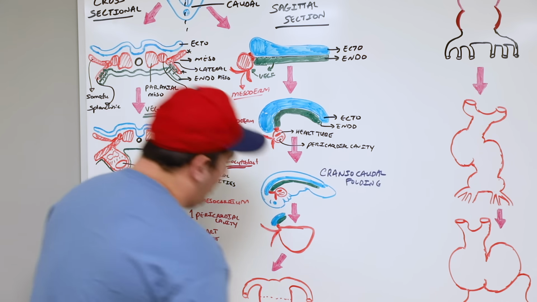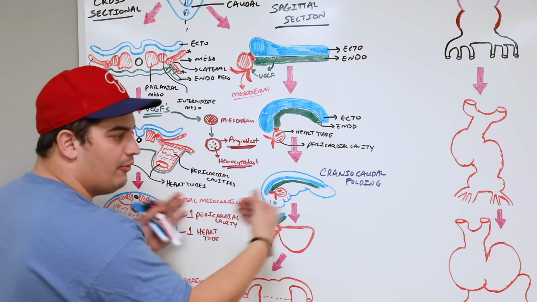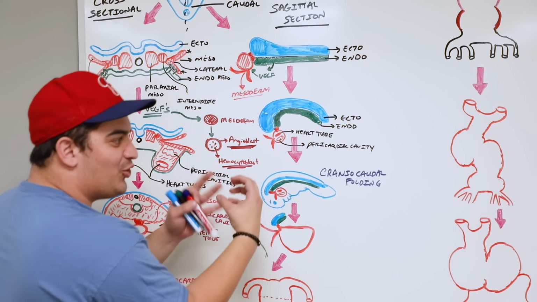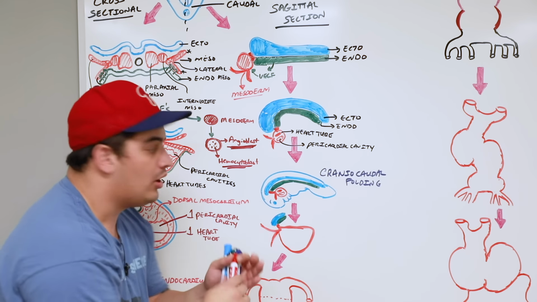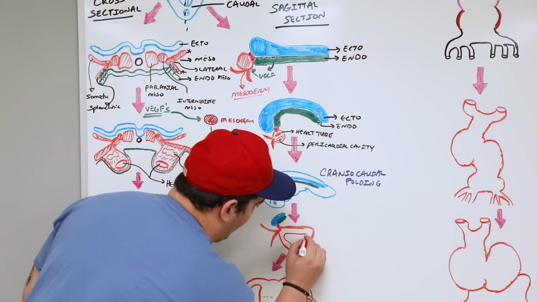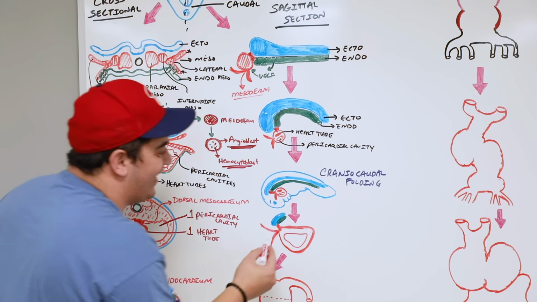Now, one more thing. Remember how we had the heart tubes fuse, pericardial cavities fuse? And basically the heart tube formed in the pericardial cavity. The same thing has to happen here. So here, you're going to have your pericardial cavity. During this cranial-caudal folding, guess what it does?